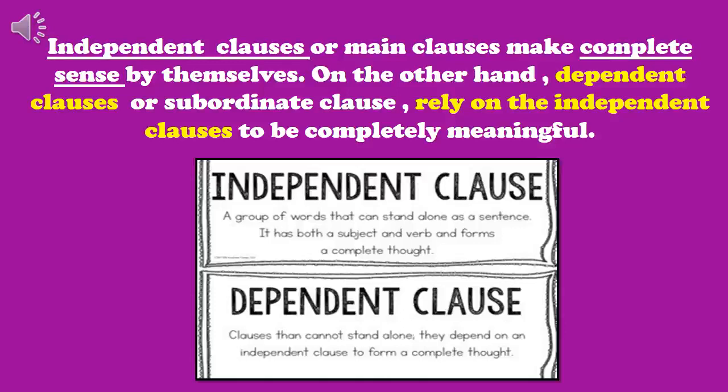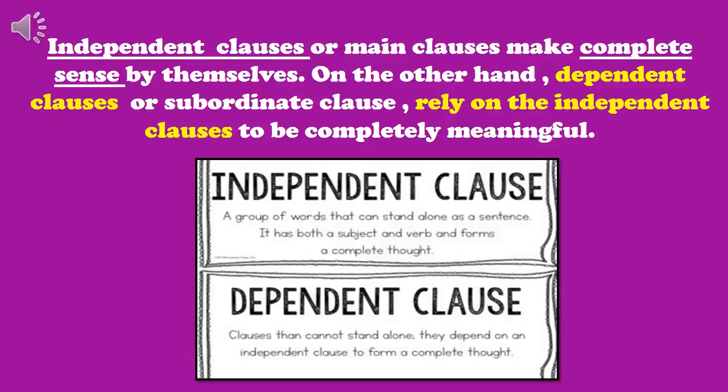But a dependent clause cannot stand on its own. It is dependent. It relies on the independent clause in order to give it meaning. It is not meaningful on its own. It only gets its meaning when it is used along with an independent clause.